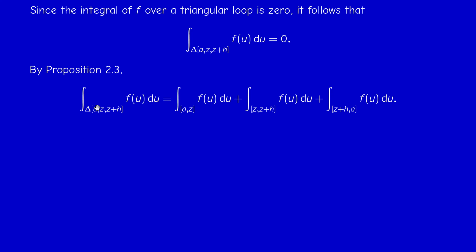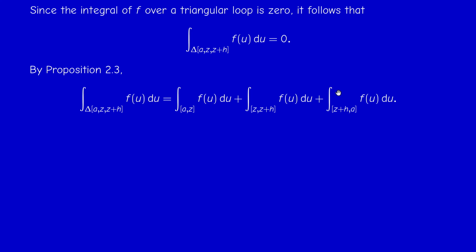The integral over this triangle is the sum of the integral over the straight line segment AZ, plus the integral over Z to Z plus H, plus the integral over Z plus H to A. Here pay attention to the orientation.